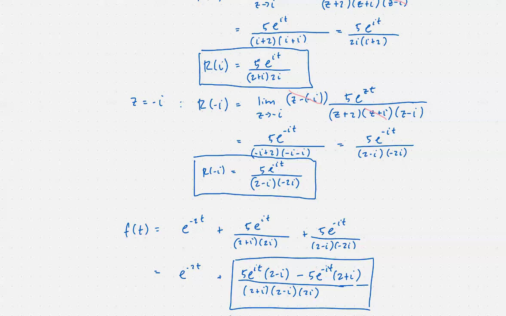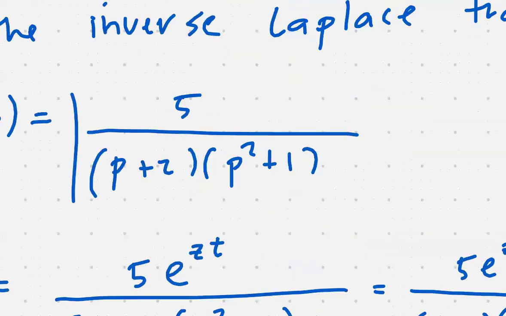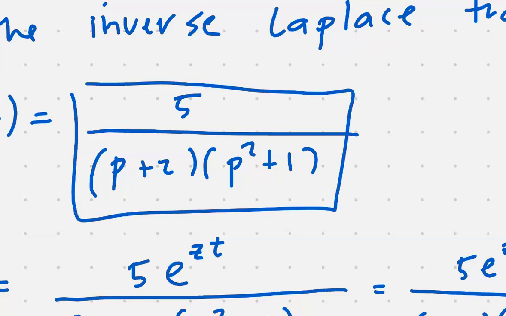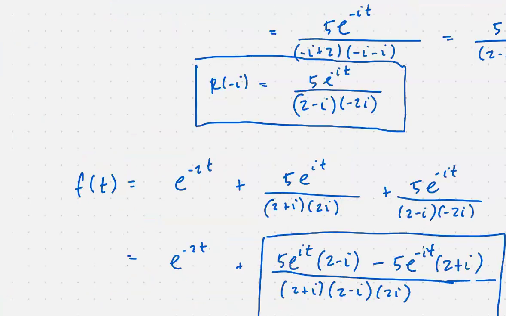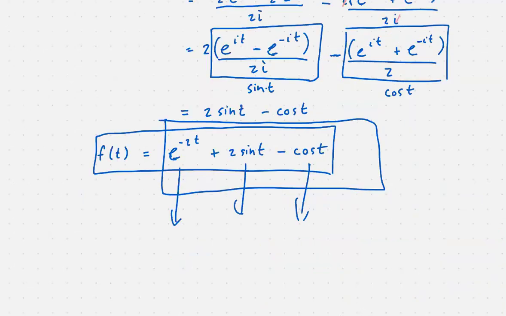Okay, that's why it's called inverse Laplace. So the Laplace transform will give you this, but the inverse Laplace transform will give you f of t, which is what we got here, which is e raised to negative 2t plus 2 sine t minus cosine t. Okay, so that is our final answer.